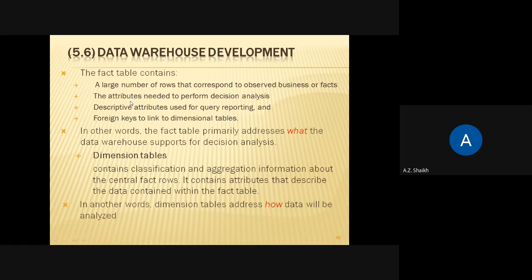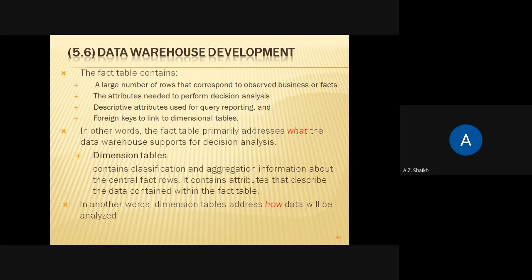So this fact table consists of the different facts related to the business. It also consists of the different attributes which are needed for the decision analysis. Then it consists of the descriptive attributes which are used for query reporting, and it also consists of the foreign key which helps to link to the dimensional table.